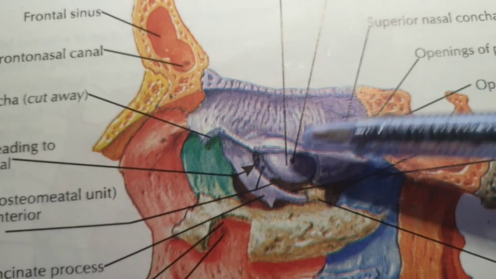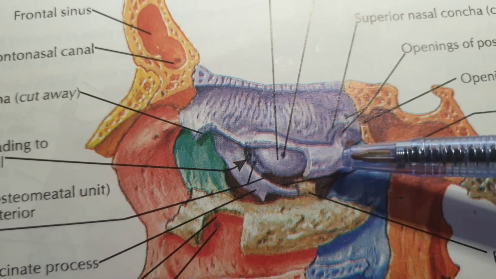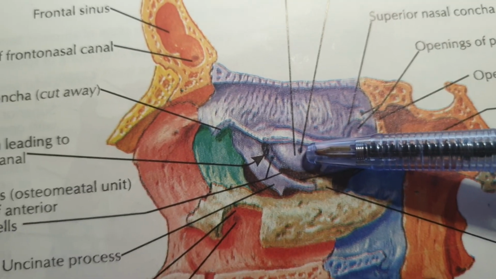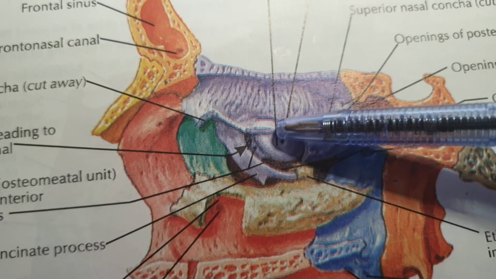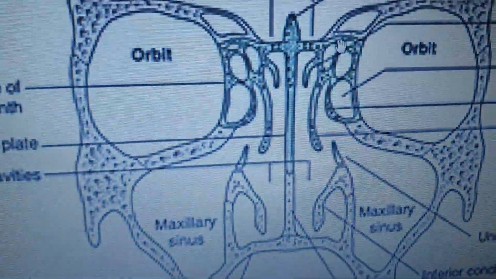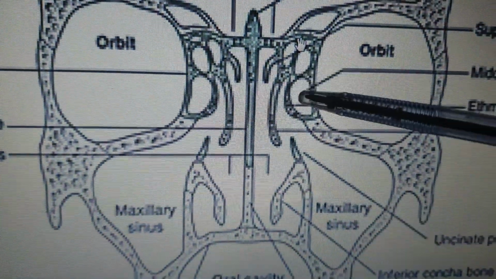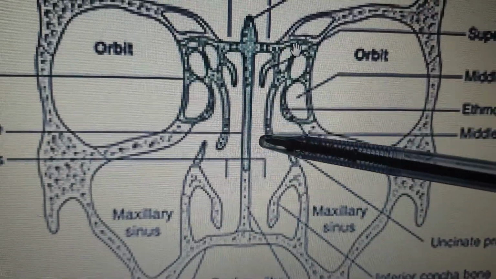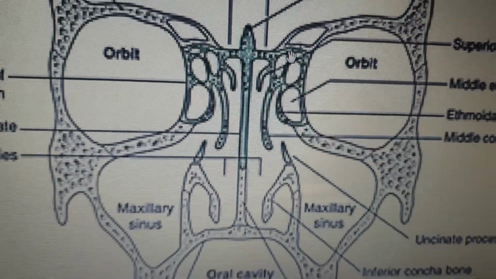In this diagram, the middle concha has been removed, and you can see this elevation, the ethmoidal bulla, which is formed by the middle ethmoidal air sinus. If you look again at this diagram, this is the ethmoidal bulla, which is lying deep to the middle concha of the nose.